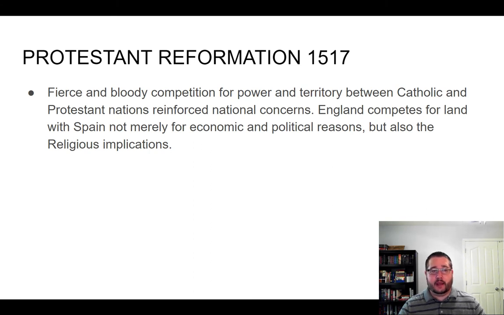He was a monk and a scholar in Germany during the 1500s, who was given a position as a professor at Wittenberg, I believe it was Wittenberg College. Okay, and as he studies the Bible, he realizes some things about the Catholic Church that are not consistent with biblical teaching. And so he posts 95 theses in Latin on the door of Wittenberg Church.